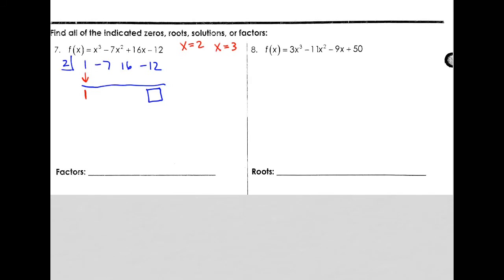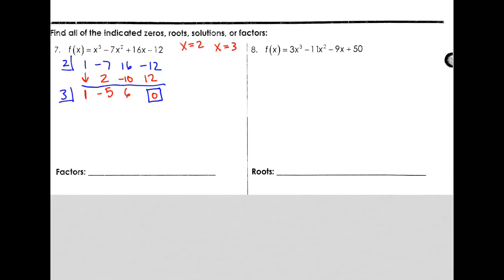Okay, so 2 times 1, 2, add these, that's a negative 5, multiply 2 and the negative 5, that's a negative 10, add those together, that's a 6, multiply the 2 and the 6, that's a 12, and then you get a remainder of 0.